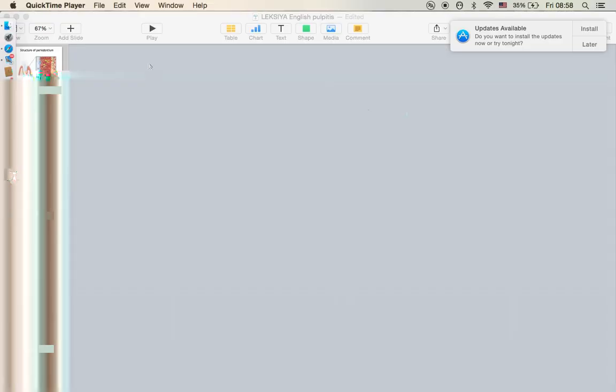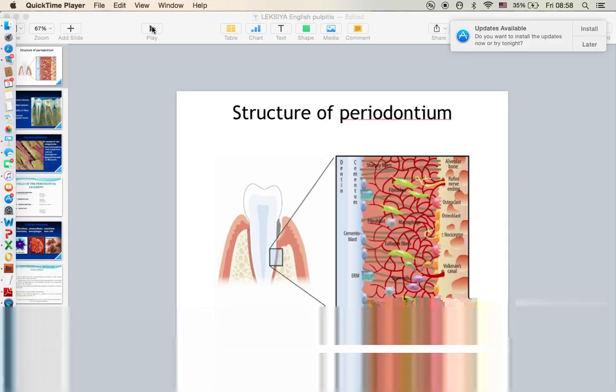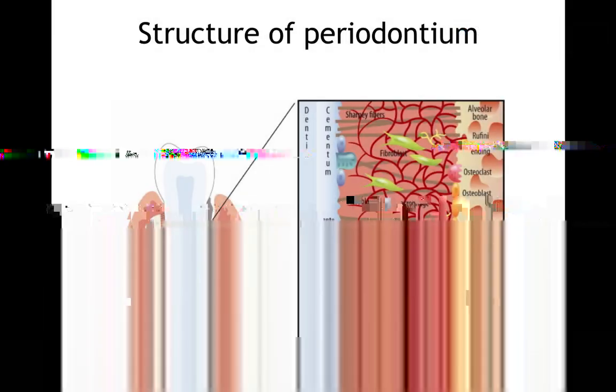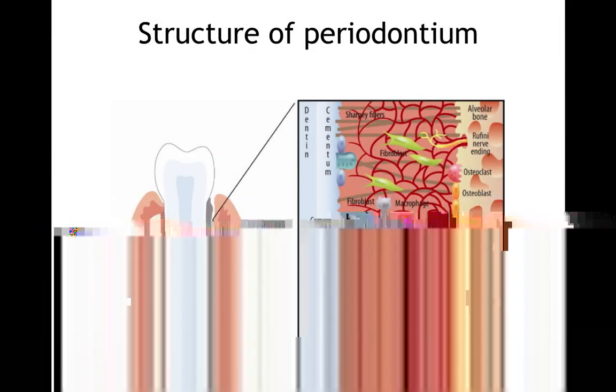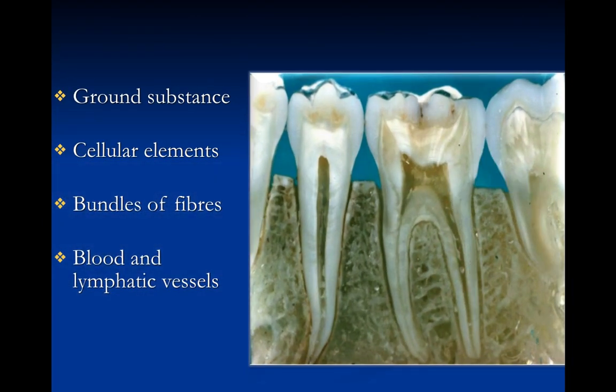I will explain the structure and function of the periodontal ligament. As a connective tissue, the periodontal ligament also consists of ground substance, cellular elements, bundles of fibers, blood and lymphatic vessels, and nerve endings.